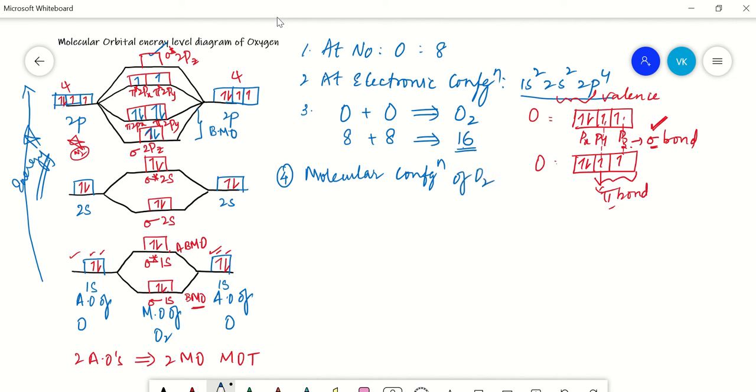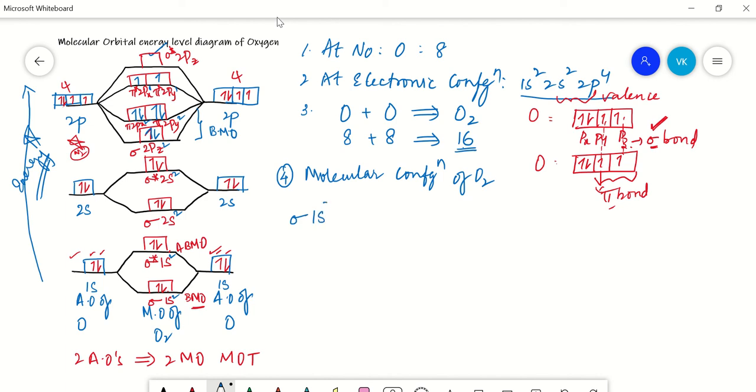We'll start from sigma 1s2, sigma star 1s2, sigma 2s2, sigma star 2s2, sigma 2pz2, pi 2px2, pi 2py2, pi star 2px1, this is 1 because only one electron is present, and pi star 2py1.